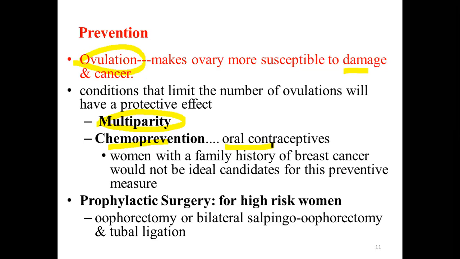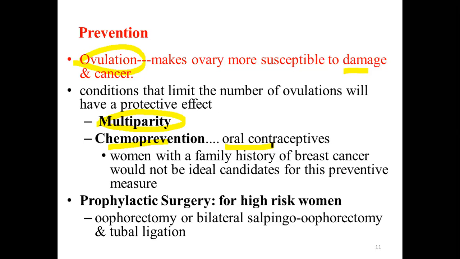Okay, so you have to know that oral contraceptives reduce ovarian cancer risk, but hormonal contraceptives increase what? The risk of breast cancer. So you have to know the difference between the two. Oral contraceptives, by inhibiting ovulation, reduce ovarian cancer risk, but by increasing the level of the hormone, they can increase the risk of breast cancer.